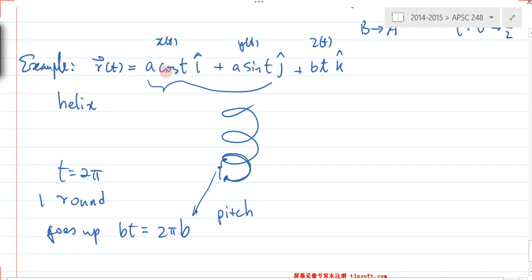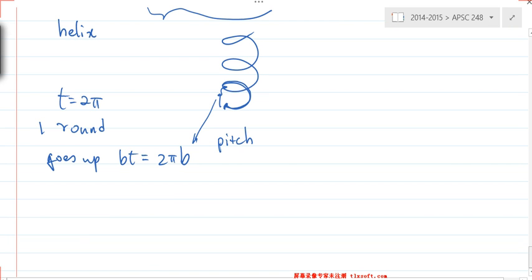If I change the cosine to sine and the sine to cosine, that would also work, but the motion is going to be different. One way probably goes this way, and the other goes this way. So bear in mind the subtle differences here. Any questions? Good?